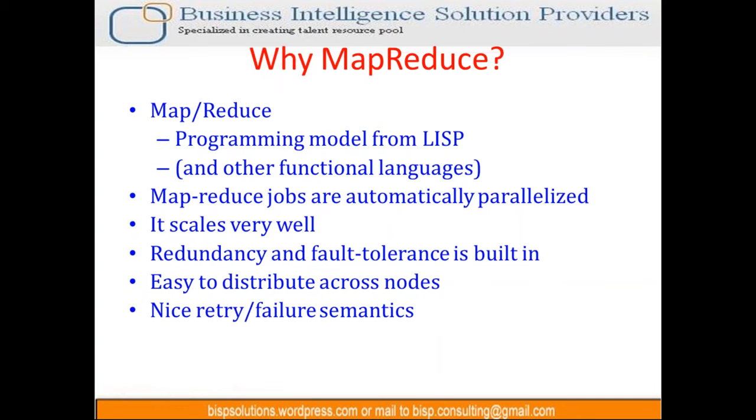That will bring down your time because you will have more resources, so more mappers and reducer processes can be started in the cluster. That many parallel processes can be started, so that will bring down the time.